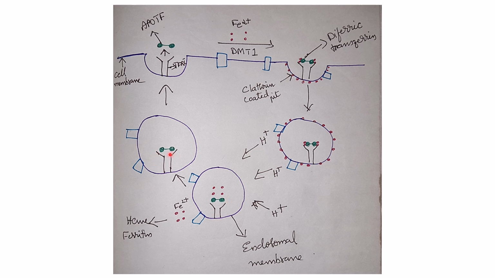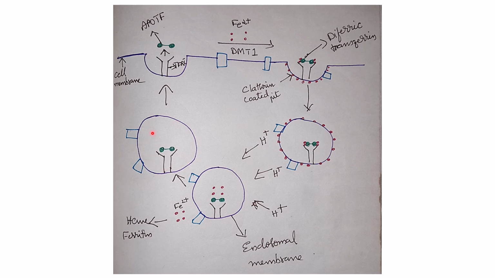Then the transferrin is not bound with the iron, so it is apotransferrin, and this apotransferrin is bound to the receptor because the pH is reduced inside this endosome, and the transferrin has a high affinity for its receptor at a reduced pH.